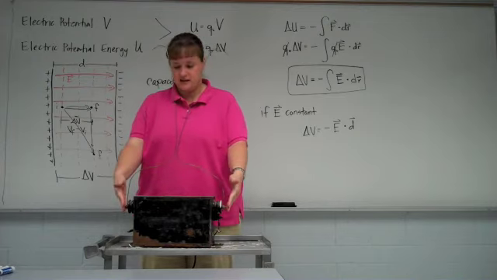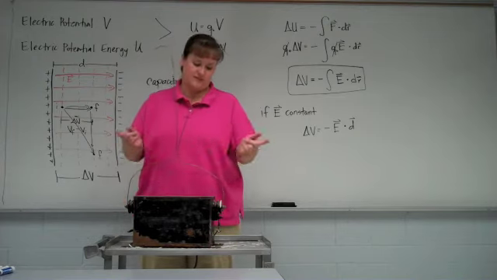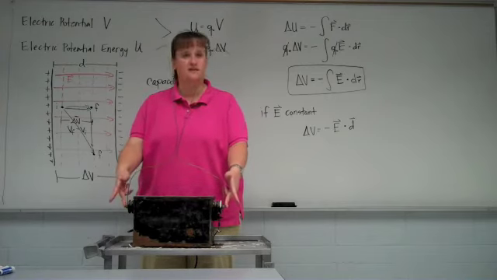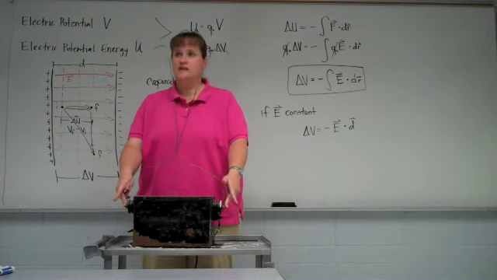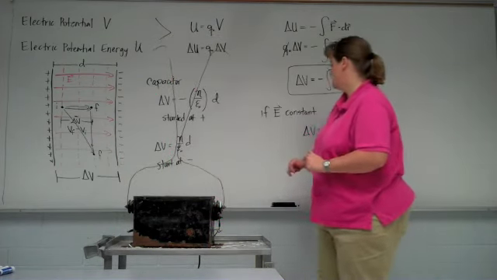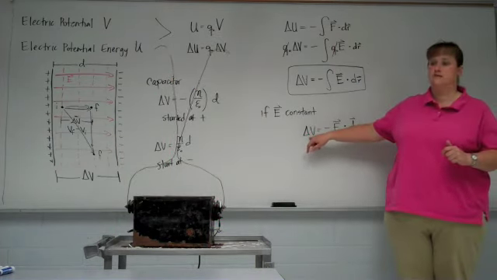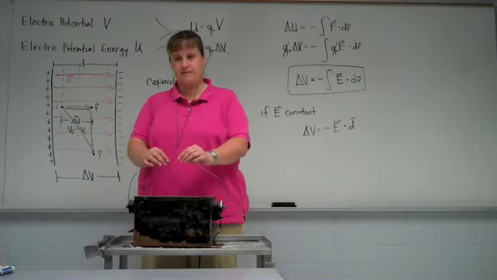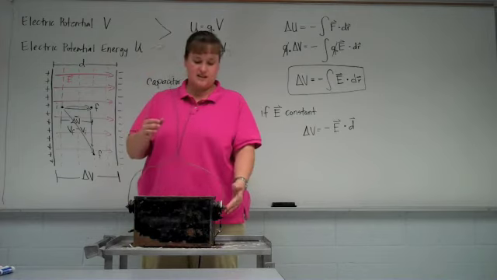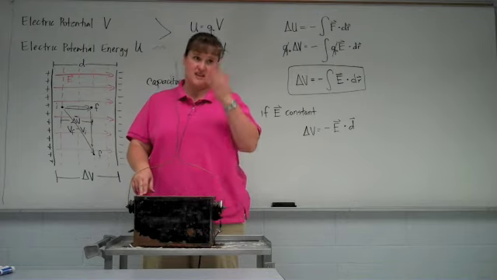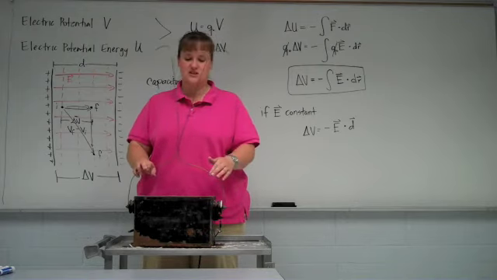Now the direction's going to change, but there's a potential difference between the two ends of this transformer. So one end is higher than the other. So we have a delta V between the two ends. With these metal hangers connected here, it turns out with any conductor that's connected, once equilibrium has been reached, the electric potential is the same everywhere on that conductor.